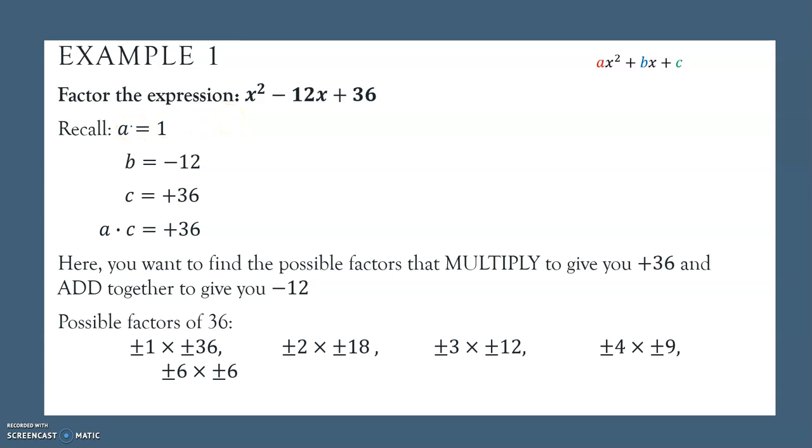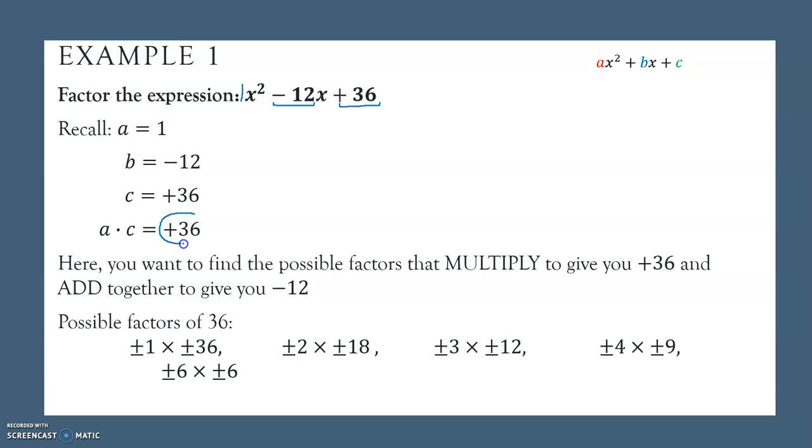So what you should do is list out your A, B, and C. My A is 1, my B term is negative 12, and my C is positive 36. Then, after you write out your A, B, and C, you multiply your A term by your C term. So 1 times 36 is positive 36.